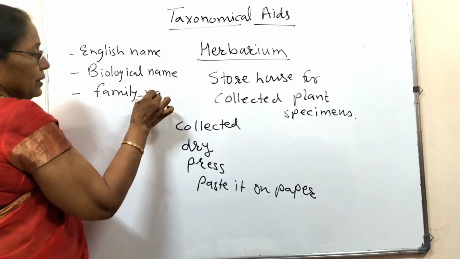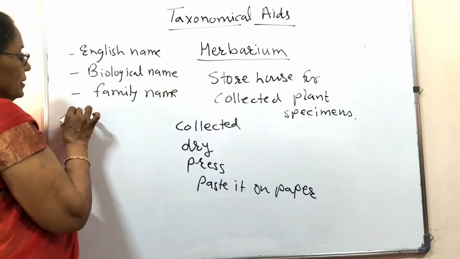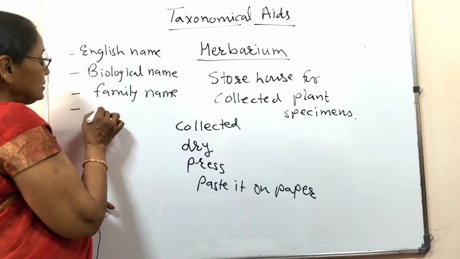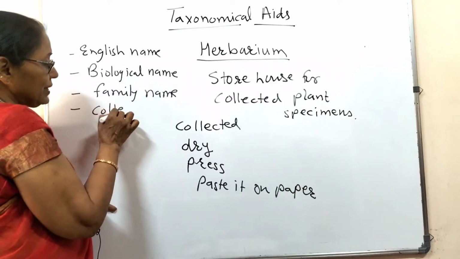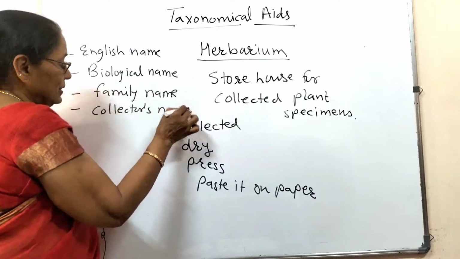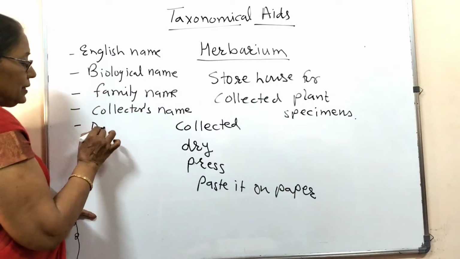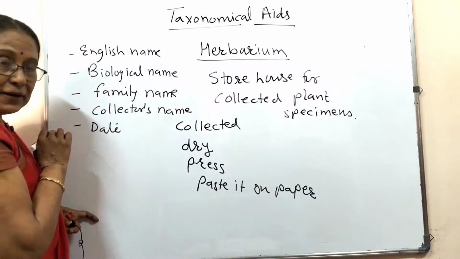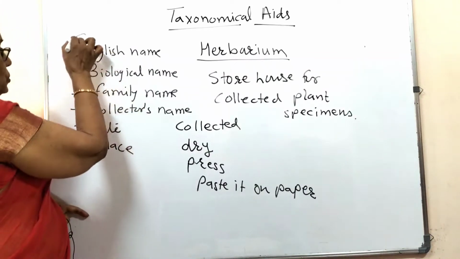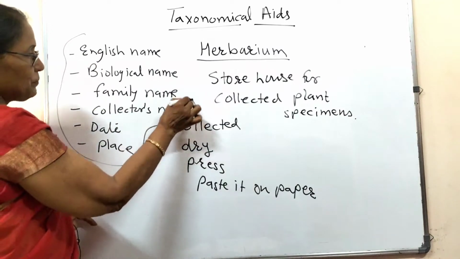Other than family name, you write the collector's name, whoever has collected it. Then the date on which it was collected and the place from where it was collected. So many things have to be written.